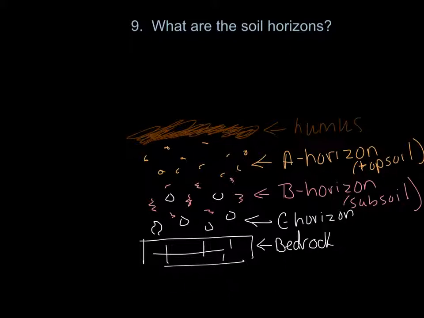Sorry, that's a little dark to see. And then last we have our litter. And this is the dead plant, cut grass, sticks, that are decaying and turning into humus.